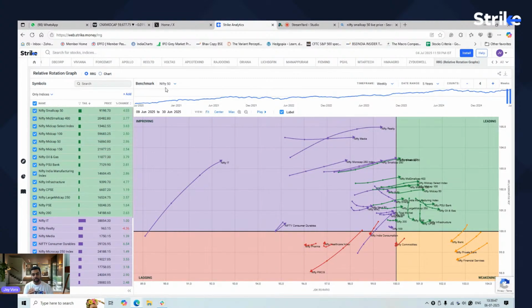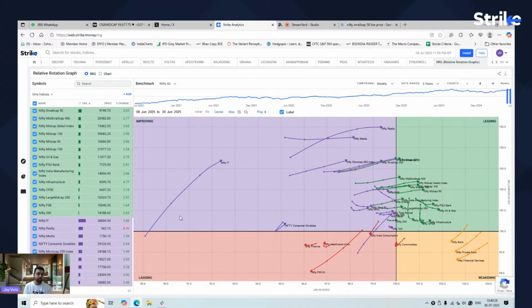If the benchmark index is going down, say for example the benchmark index has gone down by 5%, and the stock has gone down by 1%, it basically means that the stock has outperformed. Okay, when it comes to leading, improving, or any of these quadrants, or even when something is rising north from improving, that doesn't mean the absolute return will be positive. It just tells you the relative return as compared to the index.